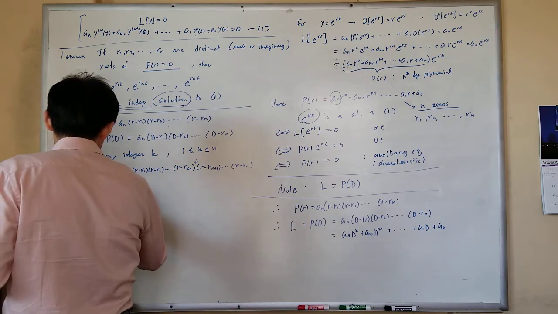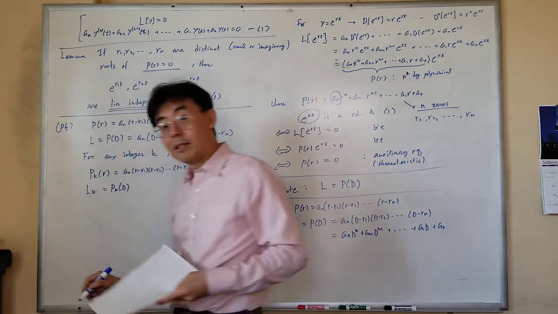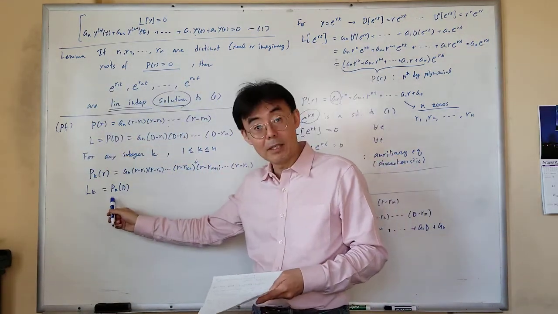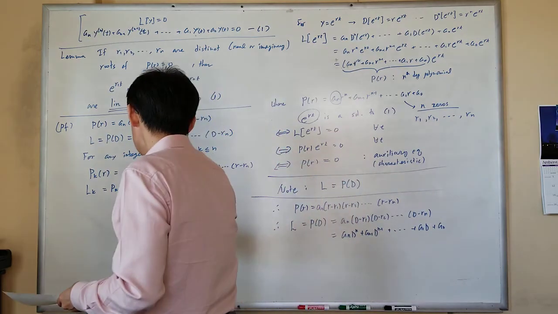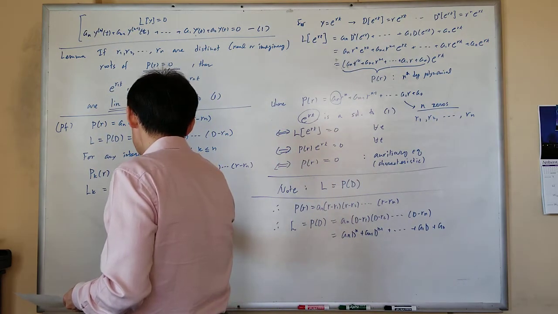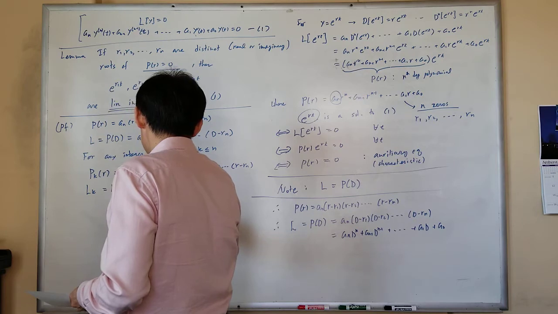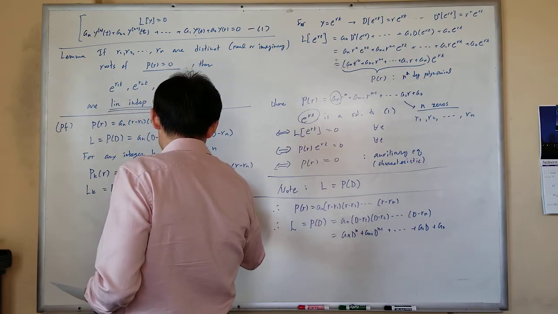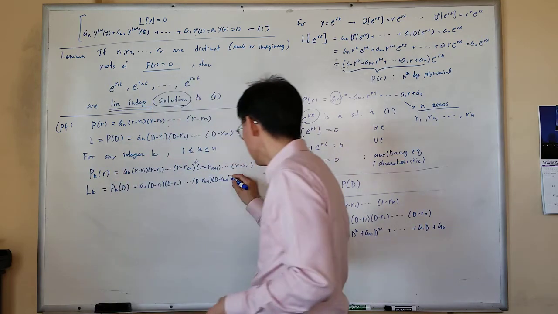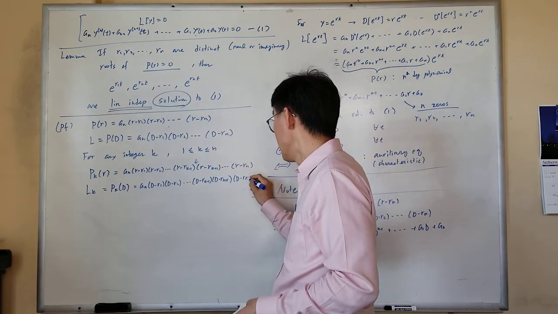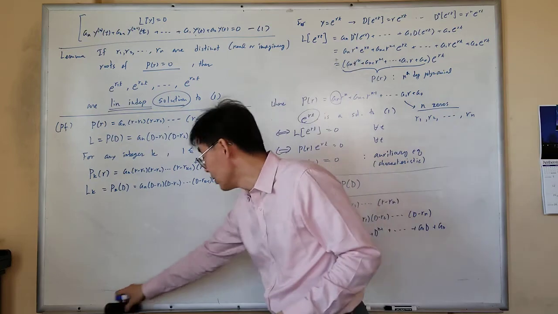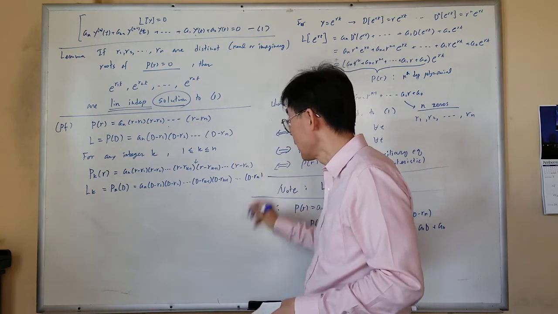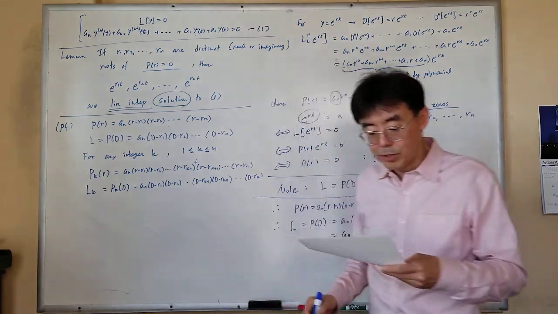L_k is P_k of D. Just like L is P of D, L_k is P_k of D. So that means (D minus r1) ... (D minus r_{k-1})(D minus r_{k+1}) ... (D minus r_n). Okay? That's the notation we're going to need.